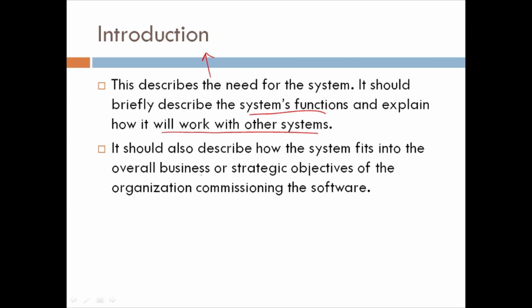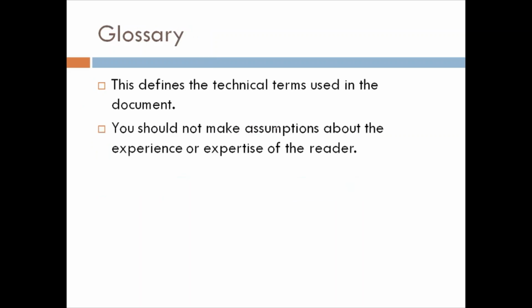It should also describe how the system fits into the overall business or strategic objective of the organization commissioning the software. So basically it is an introduction to the system functions and the other systems. Glossary. The technical terms are defined here.